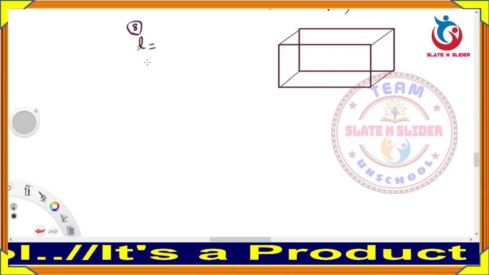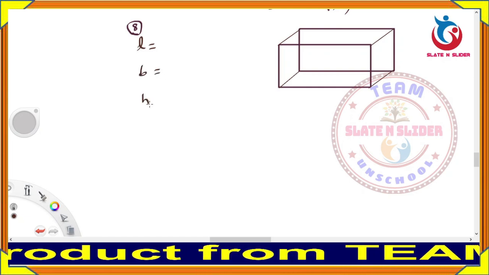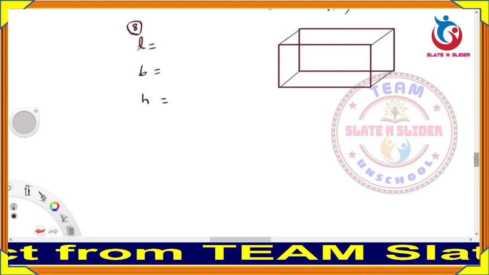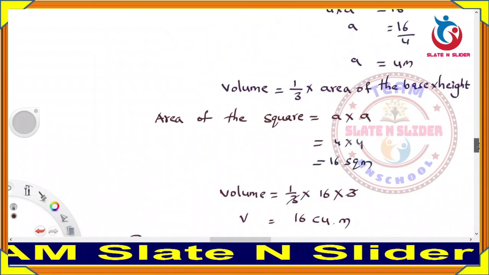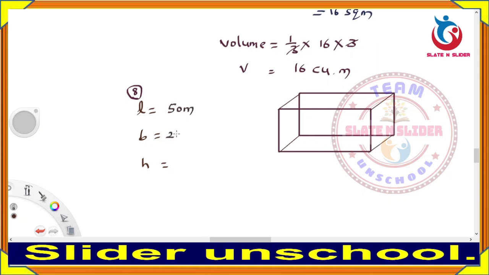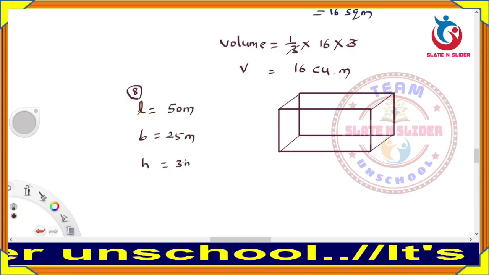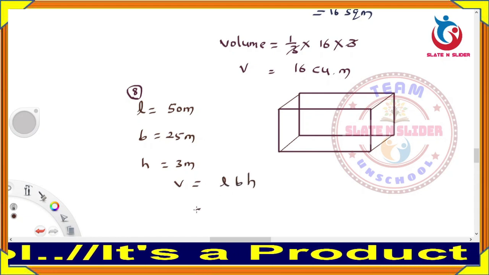So length, breadth, and instead of height we should take the depth. That is 50, 25, 3. Find the volume, that is equal to l b h.